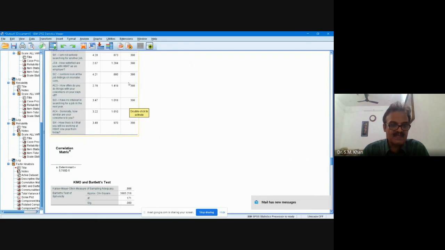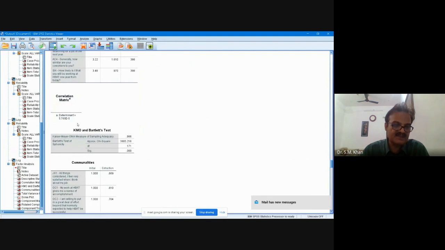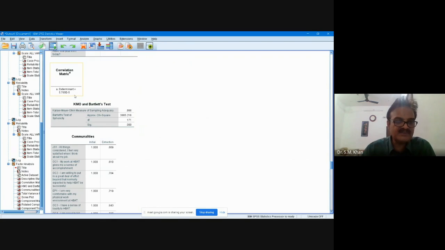Fine. Then correlation matrix. Friends, this is one of the indicators. This value has to be greater than 0.00001, that is, 4 times 0.